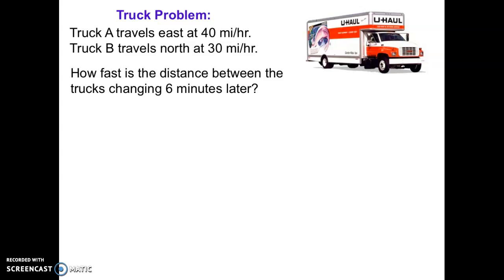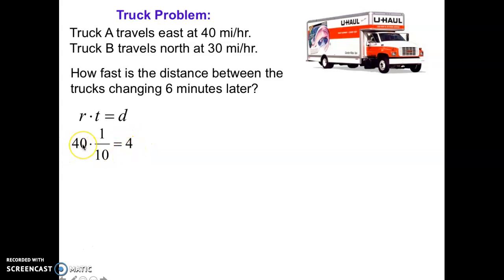All right, let's see if we can put this together. We know that distance equals rate times time. So if I travel 40 miles per hour for 6 minutes, which is equal to 1/10 of an hour, that gives me 4 miles.